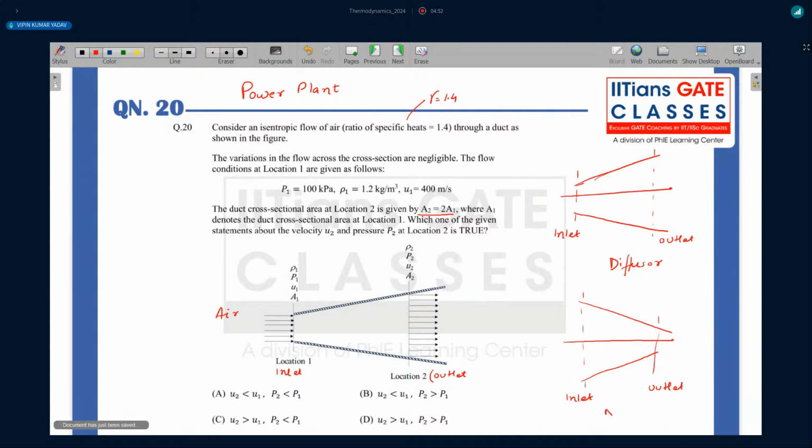Now again, it looks like a nozzle, but there is a catch here. What is the catch? You cannot just judge it based upon the section being diverging or converging. There is a parameter called Mach number, which will tell you how this cross-sectional duct is acting. I hope you all know this.